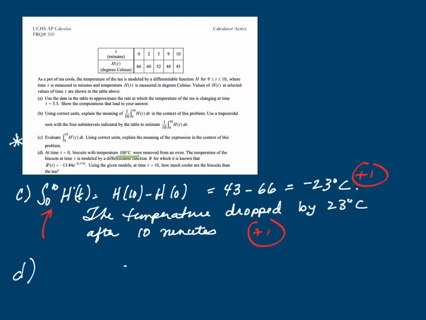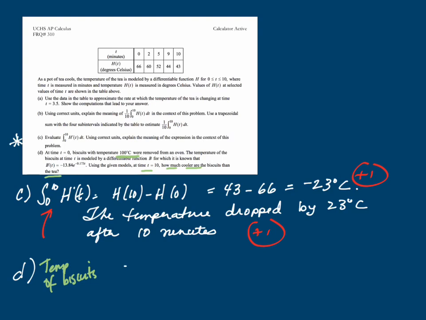Using the given model at time t equals 10, how much cooler are the biscuits than the tea? So this is asking you, what's the temperature of the biscuits at time 10? So you basically want the starting amount, right? 100, and then how much cooler did they get?